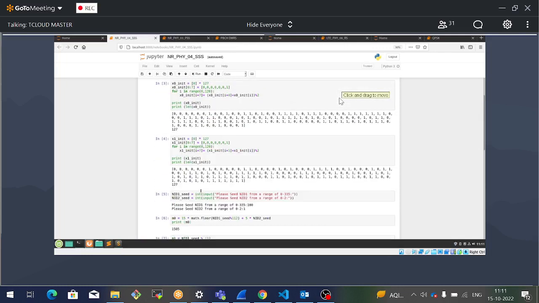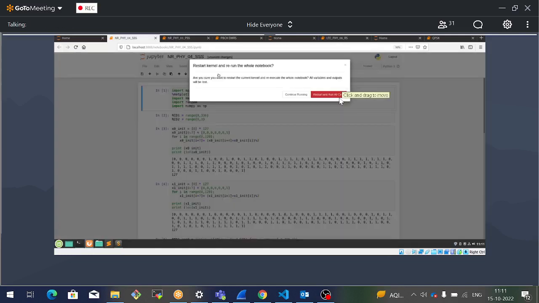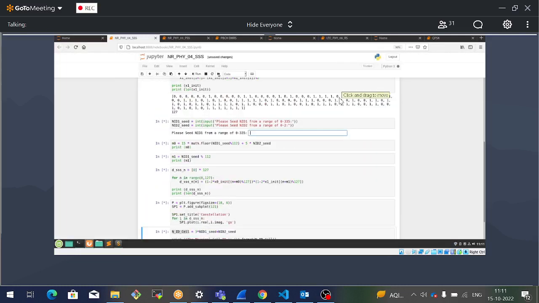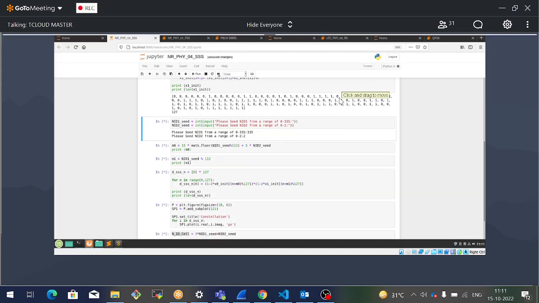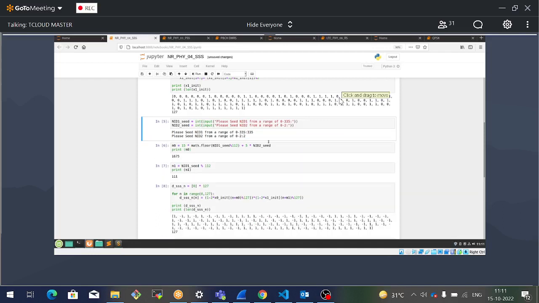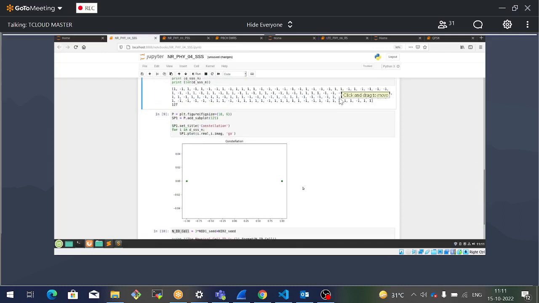If I'm seeding differently and rerunning this, it is asking me to input NID1 and NID2. I'm choosing NID1 as 335 and NID2 set to 2. And now this is my SST sequence. On the constellation diagram, these are ones and minus ones only.